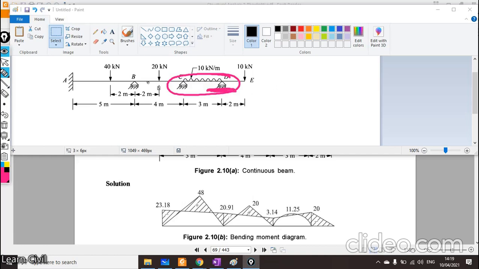Therefore for span CD, the distribution factor will be 1.0 directly, and for span DE, the distribution factor will be 0, because there is no possibility of distribution of moment for DE, since it is an overhanging portion. So I'll write down these values here.